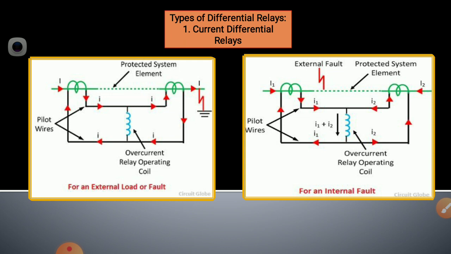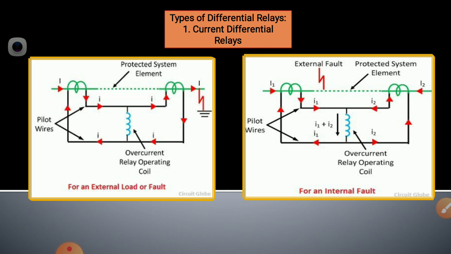On either side of this protected zone two sets of CT secondaries are connected, and the CT secondaries are connected by the pilot wires, and in between CT secondaries one overcurrent relay operating coil is connected in such a way that they carry the induced current in the same direction.